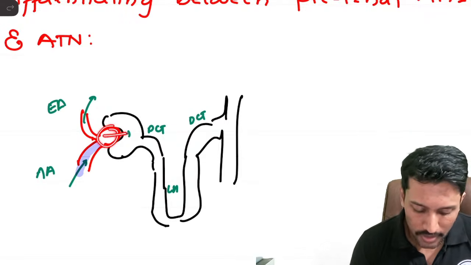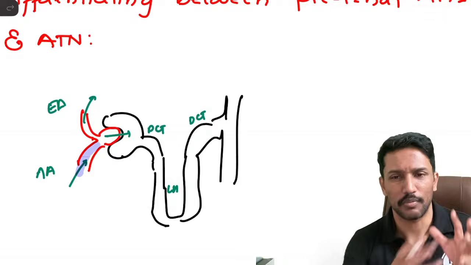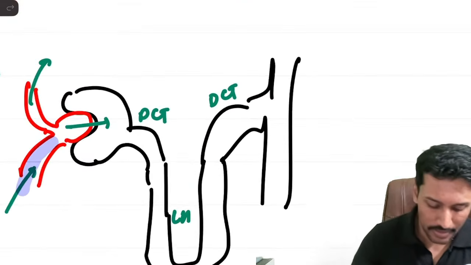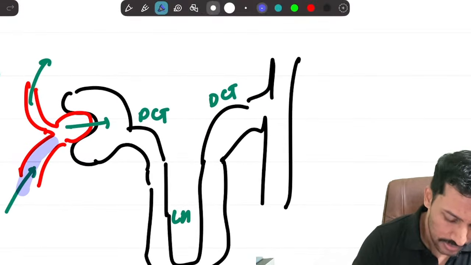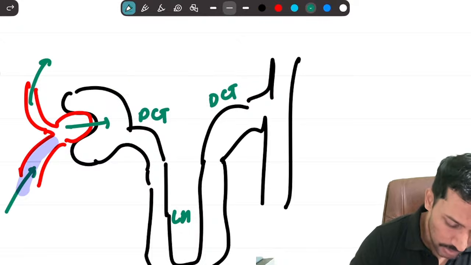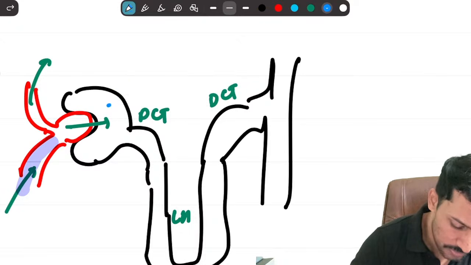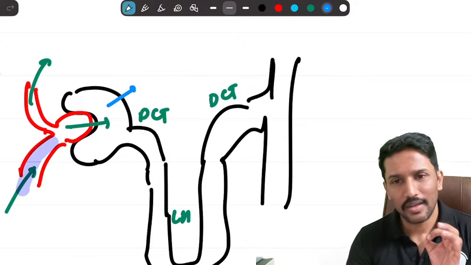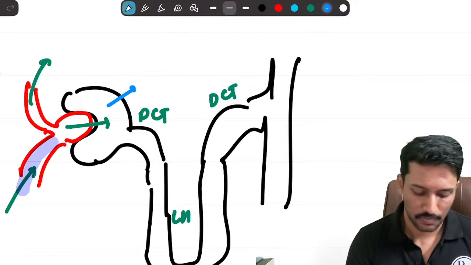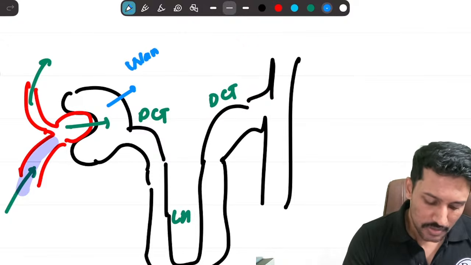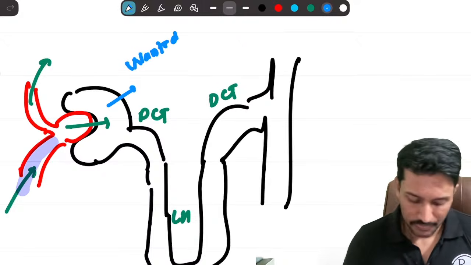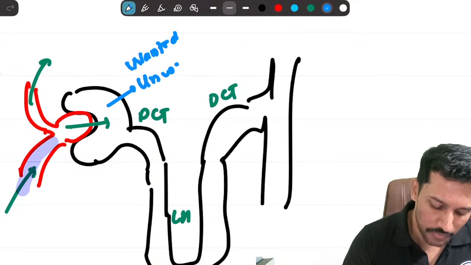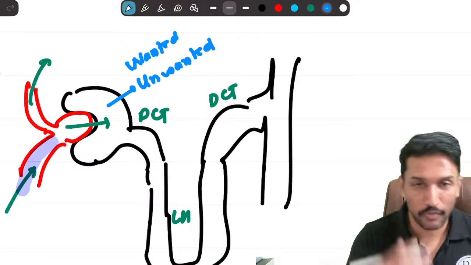First, we create a filtrate called glomerular filtrate by filtering the blood. This filtrate that we create contains whatever comes into the glomerular Bowman space. It contains wanted and unwanted substances. It means there are some substances which are filtered but we want them back, and there are some substances which are filtered, we don't want them back, we want to excrete.